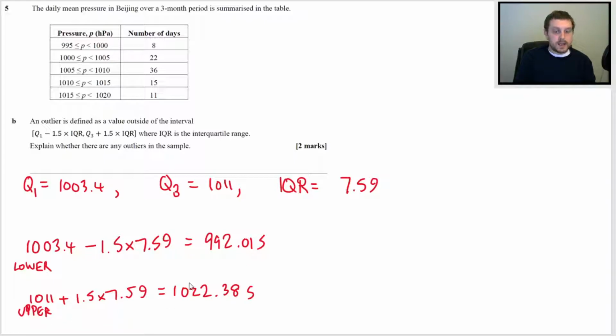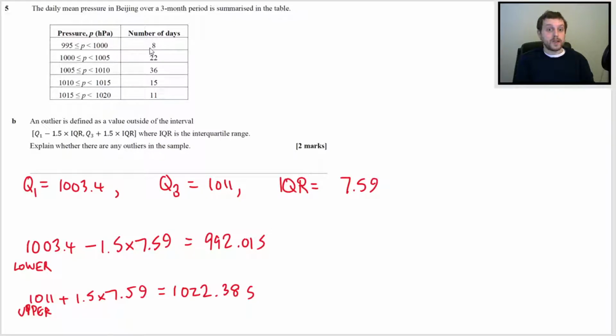And then the idea is that if you have any data that is less than this, then there could be some outliers. If you have any data which is greater than this, then they would be considered outliers. But if you actually look at what it would mean to be less than this, we can't be, right?